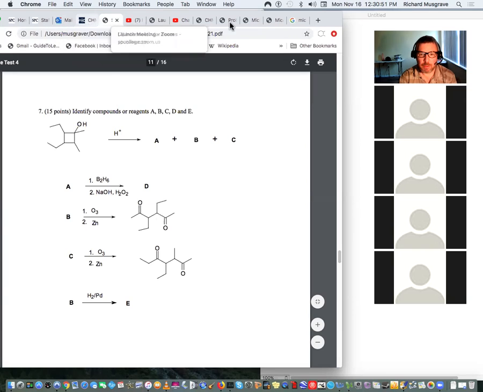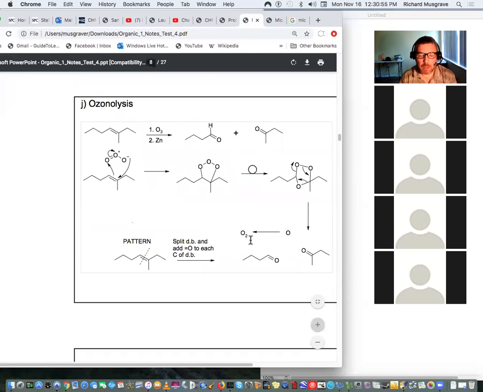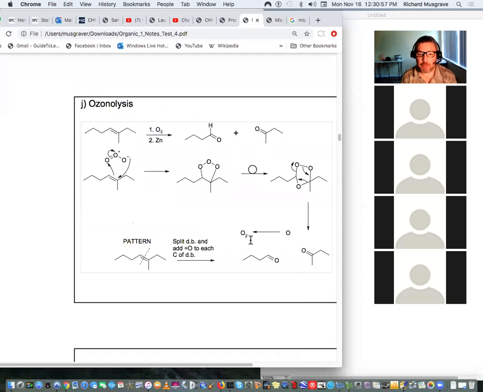But we need, first of all, to know a little bit of background about ozonolysis and what it does. Now, I'm not really interested in focusing on the mechanism with this one. It's really more about the pattern.